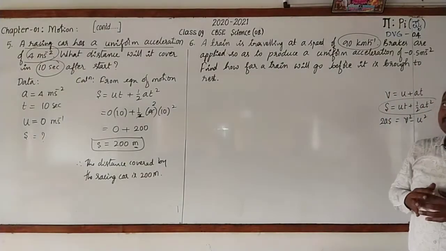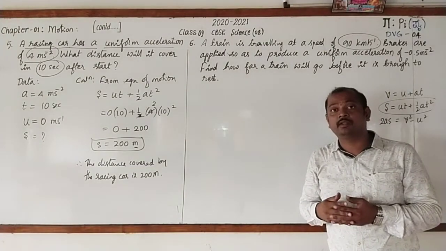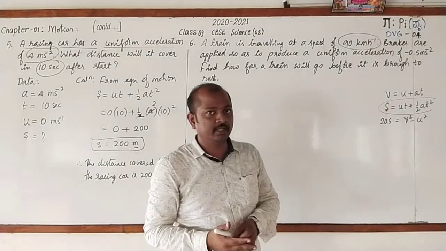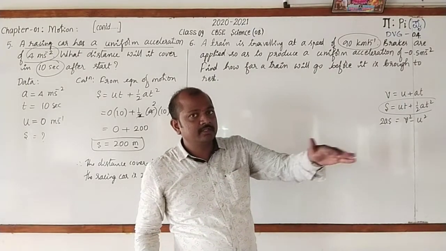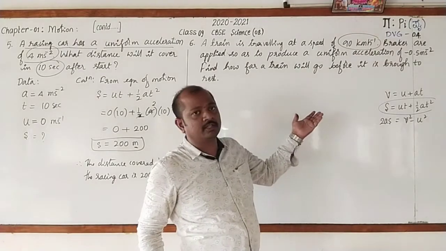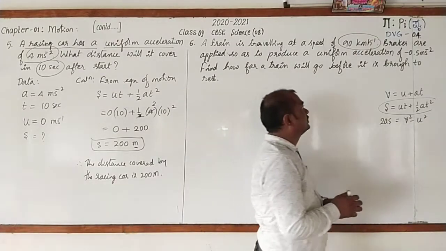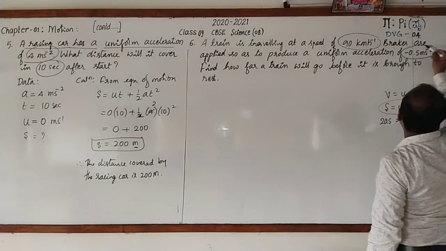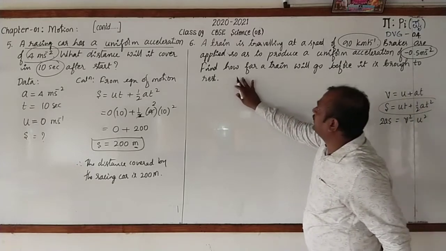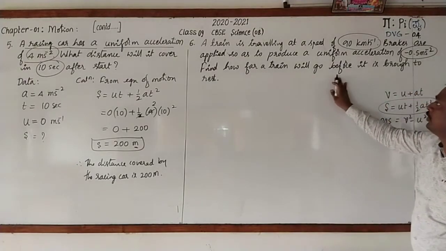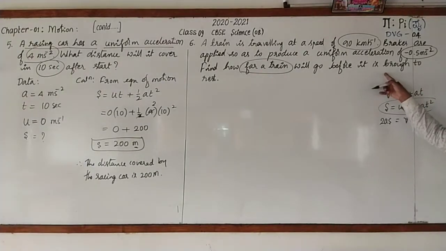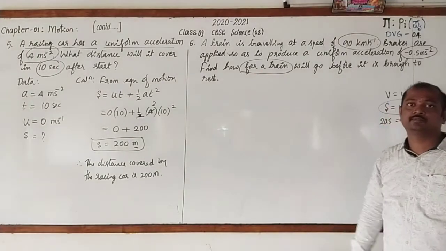Dear students, you know that when the brakes are applied to a vehicle, the speed obviously decreases. The decrease in speed is nothing but negative acceleration, that has been given: minus 0.5 meter per second square. Next, find how far the train will go before it is brought to rest.